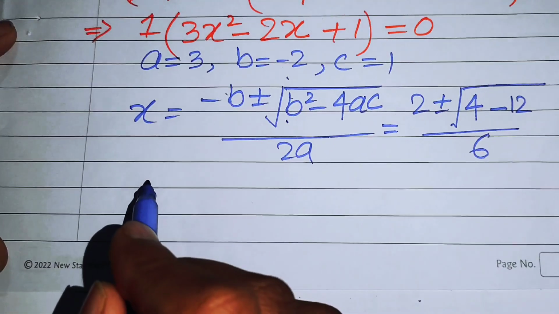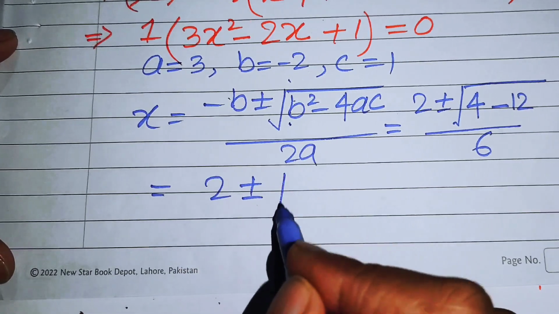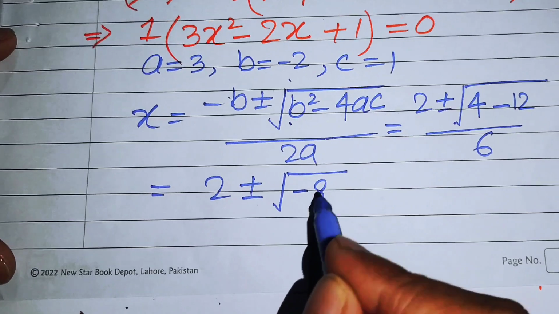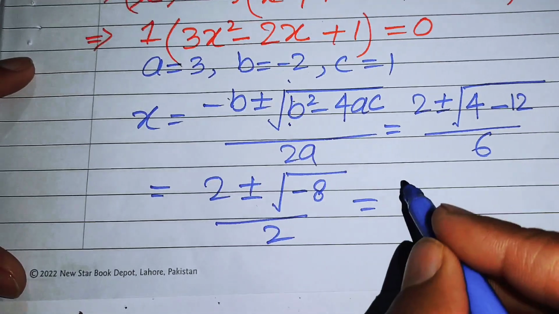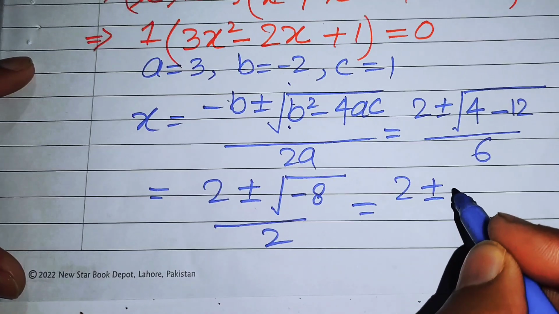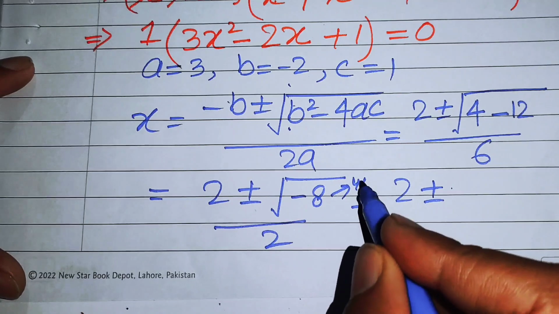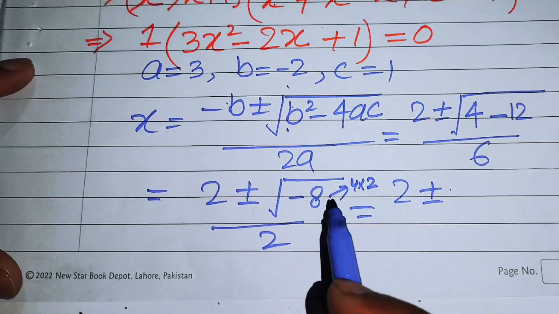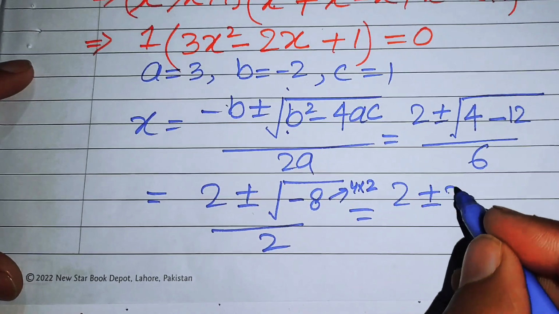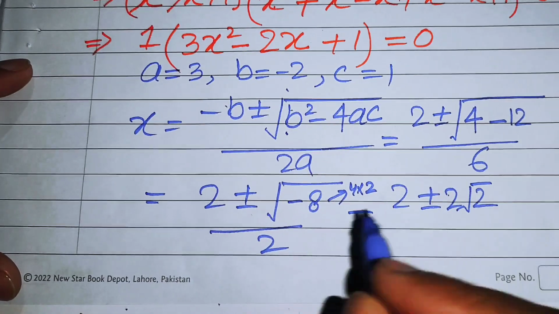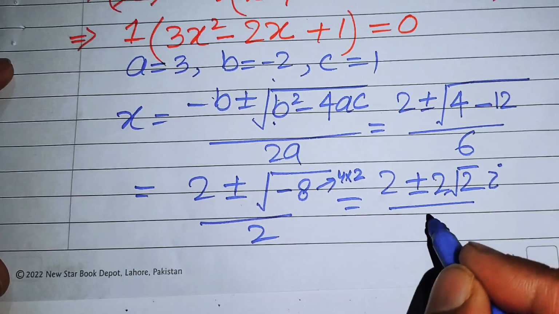So that we obtain the value of x will be 2 plus minus square root of minus 8 divided by 2. And we write this minus 8 as 2 plus minus, because you know that 8 equals to 4 times of 2, and we know that the square root of 4 is 2 and the square root of 2 is 2, and the square root of minus 1 equals to iota and divided by 2.